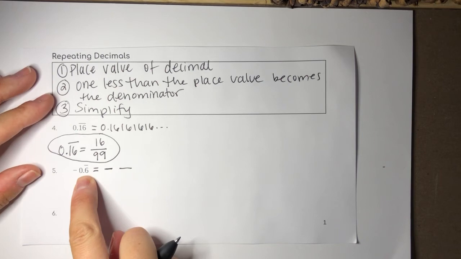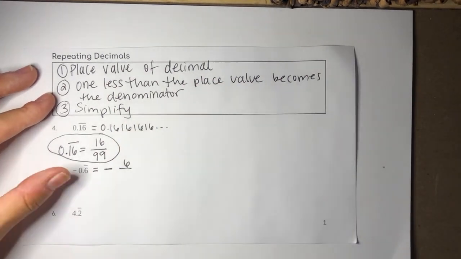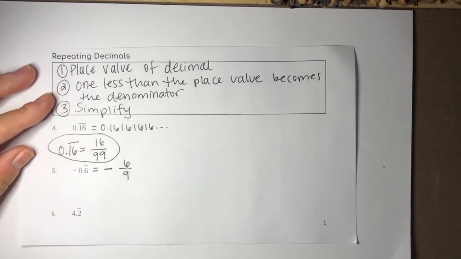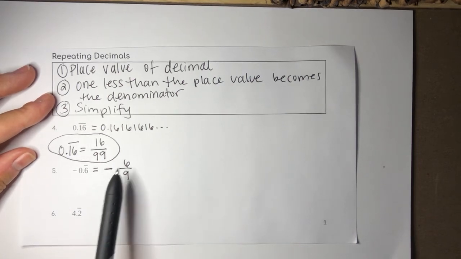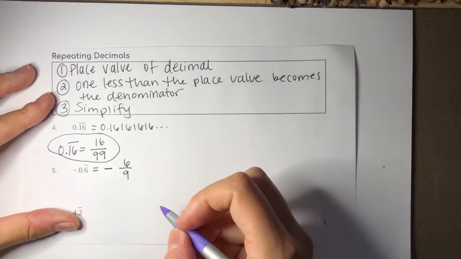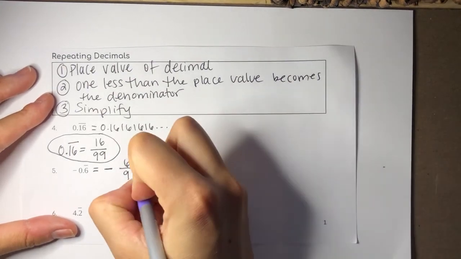And I'll say, okay, this is 6 in the tenths place. But since it's a repeating one, we're going to put a 9 down here, 1 less than 10. And so I get the fraction negative 6/9. Now hopefully your little simplifying brain is talking to you because both 6 and 9 share the factor of 3.